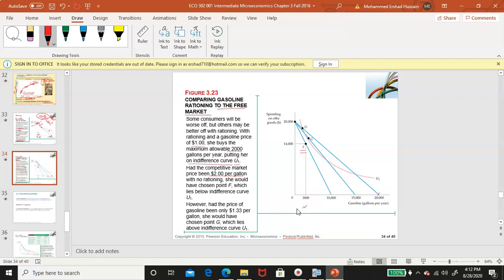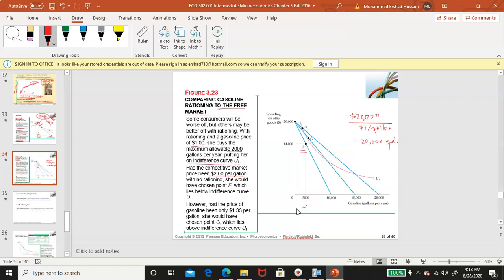The price of gasoline was $1, the consumer's income was 20,000, and the price of gasoline was $1 per gallon. So in total, he could buy 20,000 gallons.